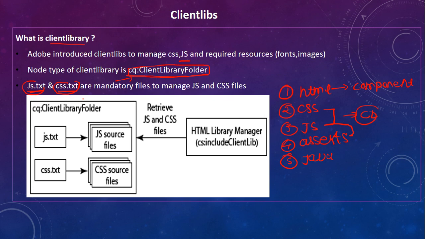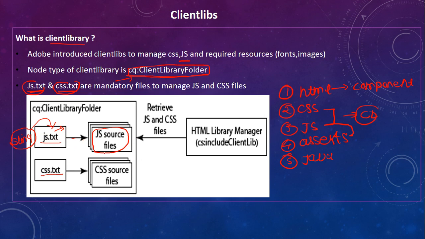So consider this is our Clientlibs. That means here we have a js.txt and a css.txt. This is nothing but your Sling only. Firstly it will come inside your js.txt, and it will see the js source files. Whatever files you have written inside the js.txt, only those files it will execute.